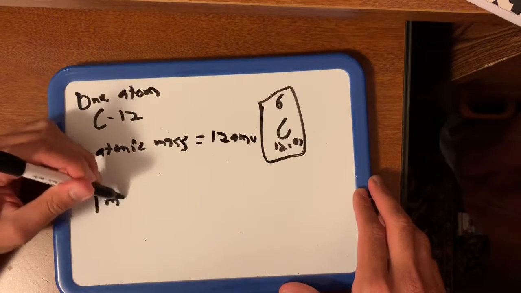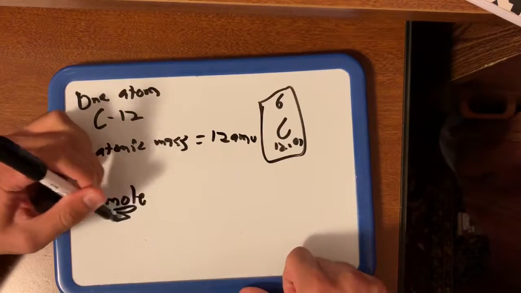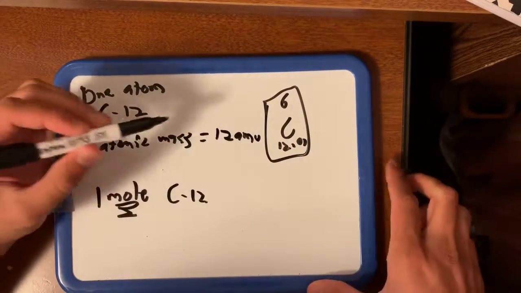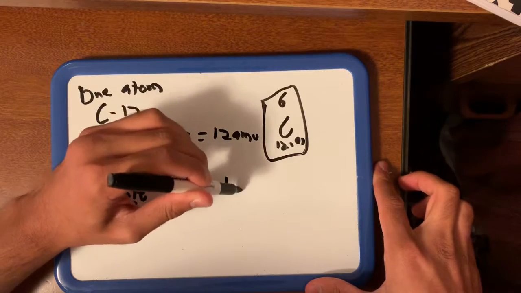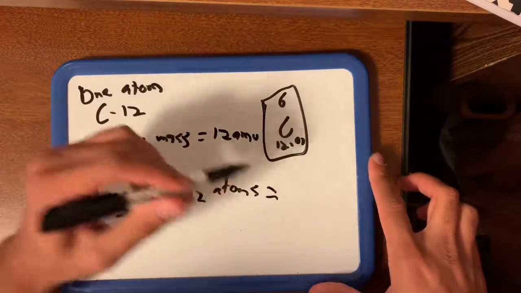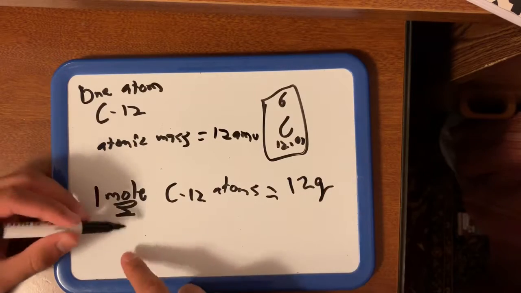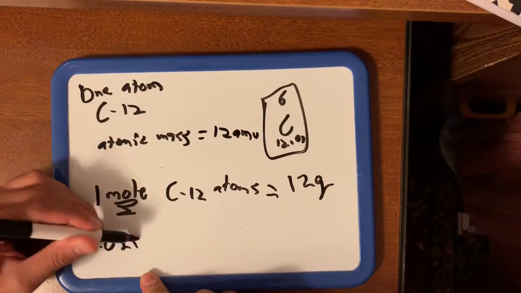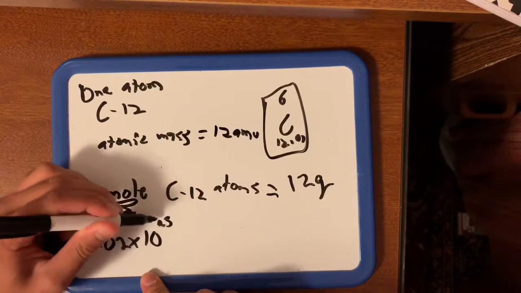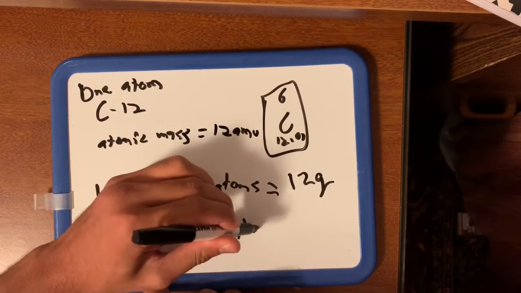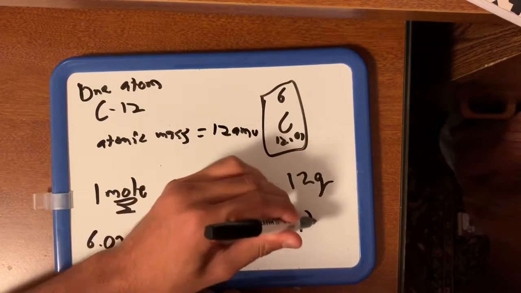Now, one mole of carbon-12 atoms has a mass of 12 grams, or 6.02 times 10 to the 23rd carbon-12 atoms is equal to 12 grams.